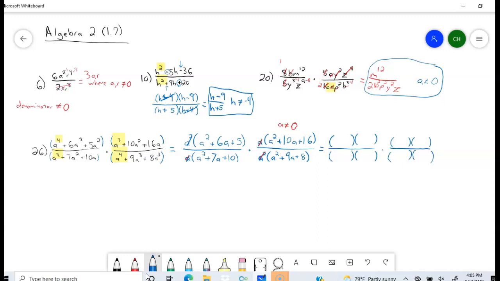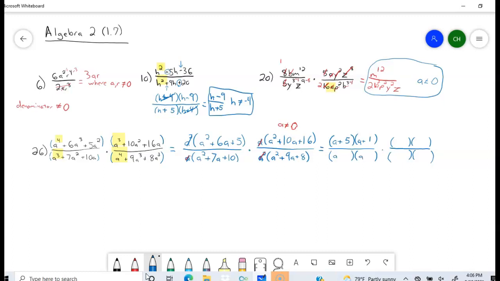So a squared plus 6a plus 5 is going to be a and a. My second term is positive, so they're both going to be the same, and my first term is positive, so it's a plus, plus. Two numbers that multiply together to equal 5 and add together to equal 6 are 5 and 1. On the bottom, I've got a and a.